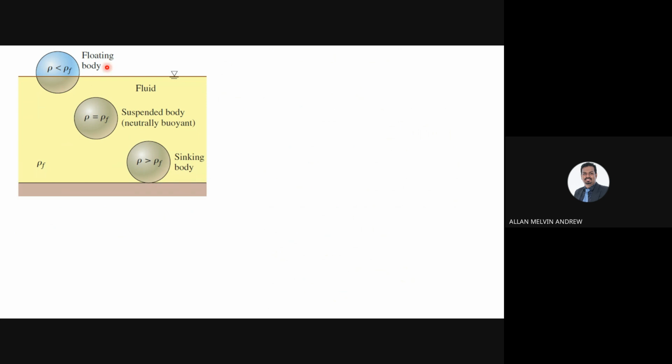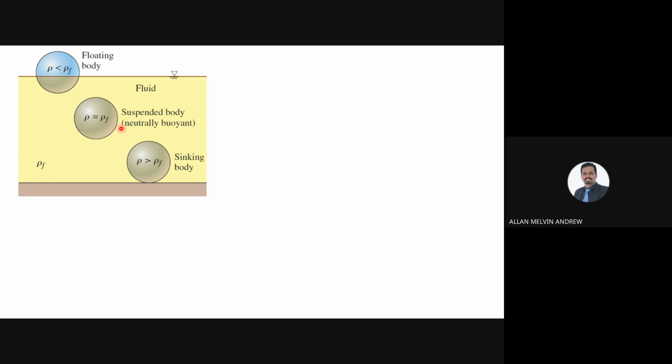It will always play with the density. If the density of the body equals the density of the fluid, so let's say the density of the ship, or yourself. So let's say you want to swim. When the density of your body and the density of the fluid are the same, when you are taking the fluid into the body.